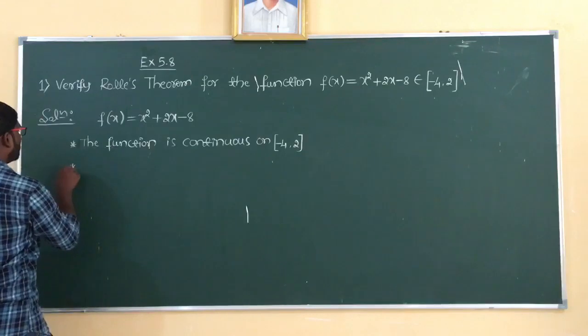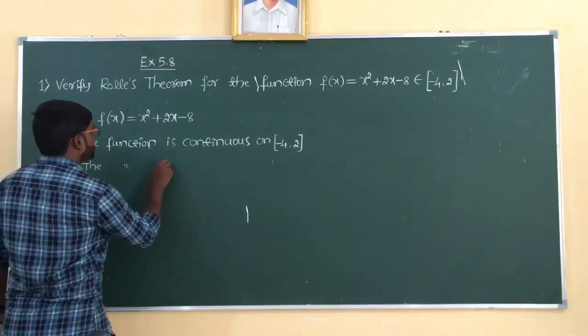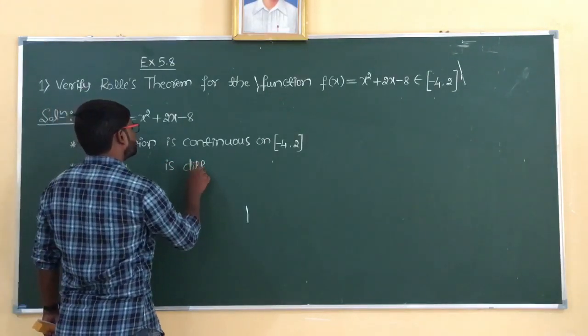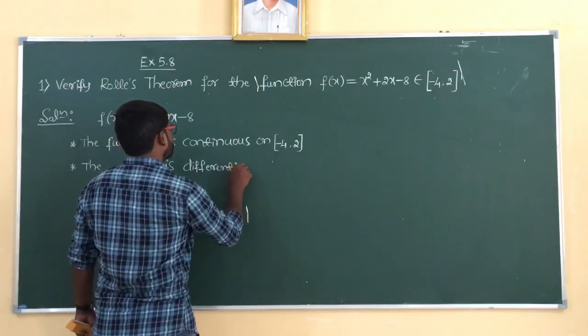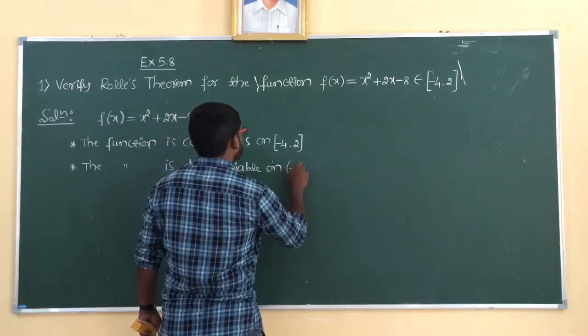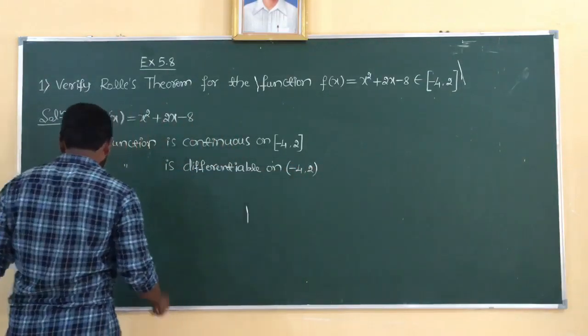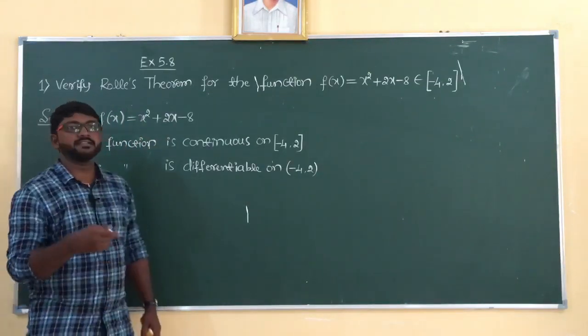Then the second point is the function is differentiable on the open interval minus 4 comma 2. Now the next point is, we have to check whether f of a is equal to f of b or not.